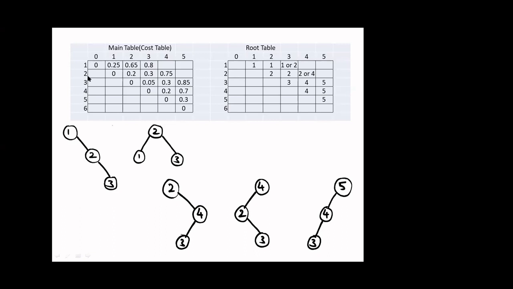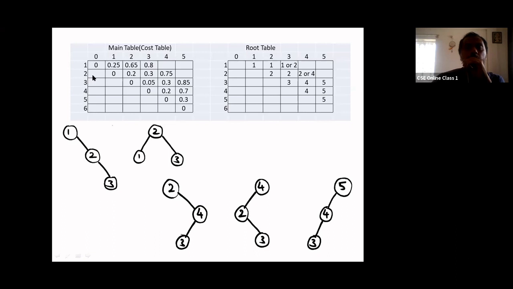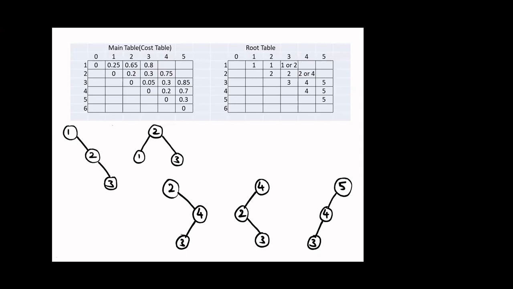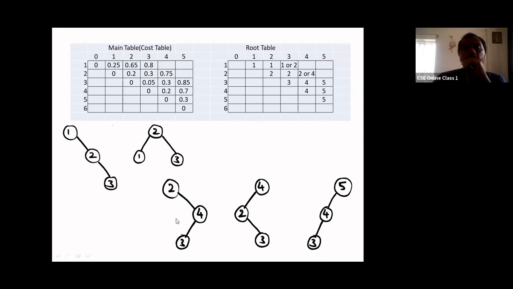In the same way, when we have 2, 4, you can see that either key 2 can be root or key 4 can be root. If key 2 is root, then we are left with 3 and 4 on the right hand side. We need to find out which among those will be the root of the right tree.